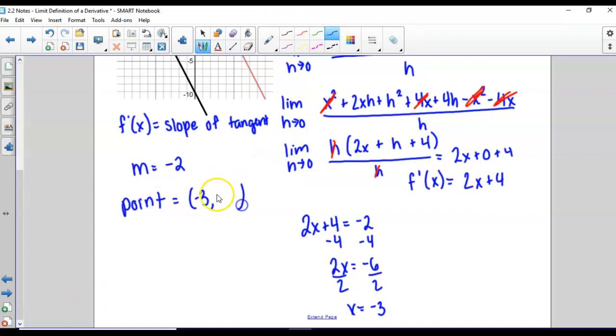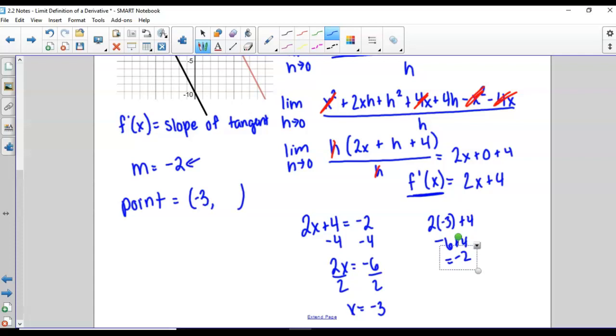How do I find that y-coordinate of the point? Plug it in. What do I plug it into? I do not plug it into 2x plus 4. Because look what happens if I do. I get 2 times negative 3 plus 4. That's negative 6 plus 4, which equals negative 2. That didn't look right on my graph, and that is also the slope. Because the 2x plus 4, that's our derivative, so that gives us the slope at negative 3.